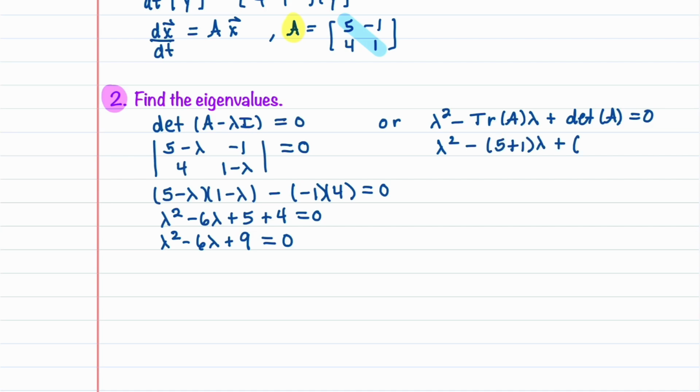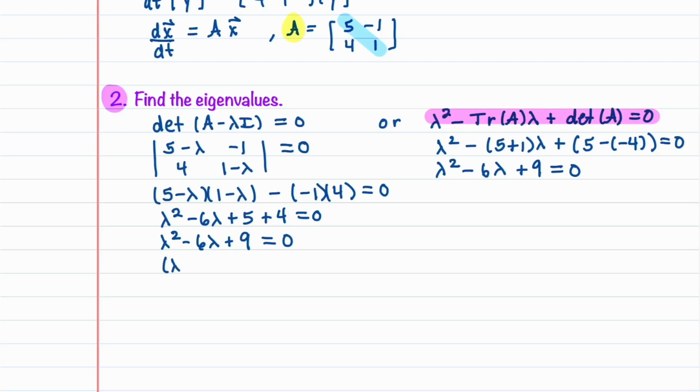And then for the determinant, you multiply the main diagonal entries and subtract off the off-diagonal entries multiplied. This gives us lambda squared minus 6 lambda plus 9 is equal to 0. This way is probably a little bit quicker, but it does have a drawback because you have to remember what that equation is.